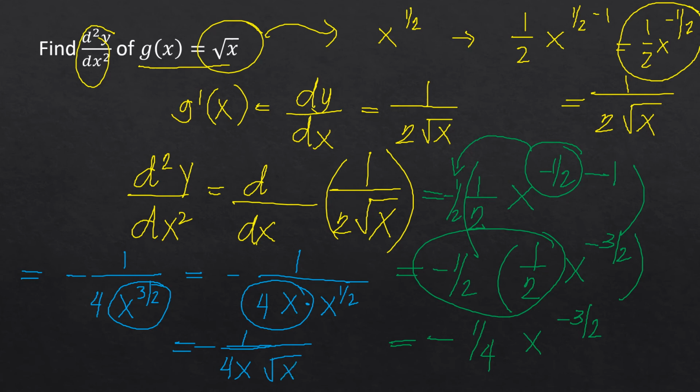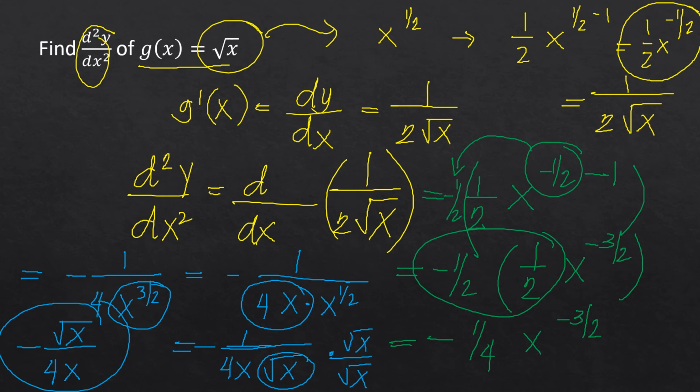Ngayon, pwede mo i-rationalize yan. At ang sagot is negative square root of x over 4. So, square root of x times square root of x, we try to rationalize that. Magiging x lang yan. So, negative square root of x over 4x will be our answer.